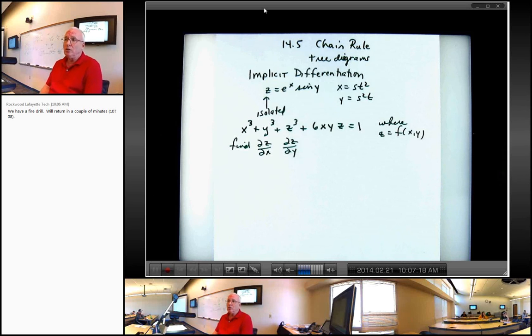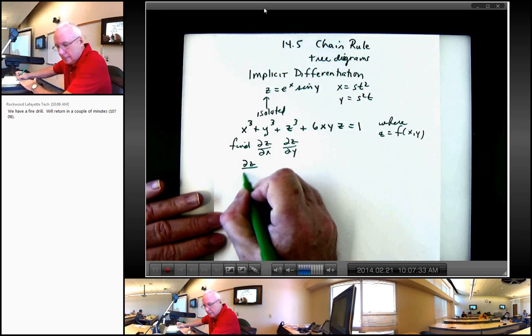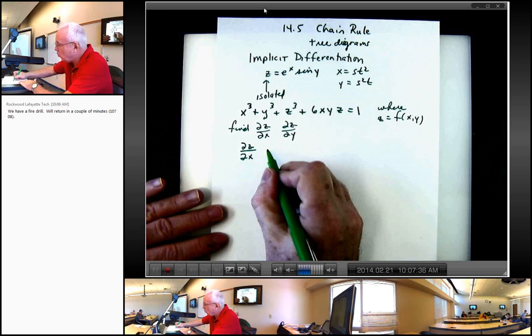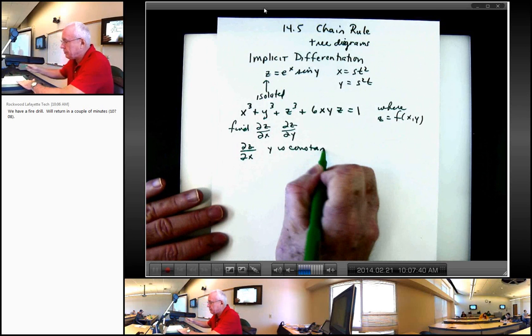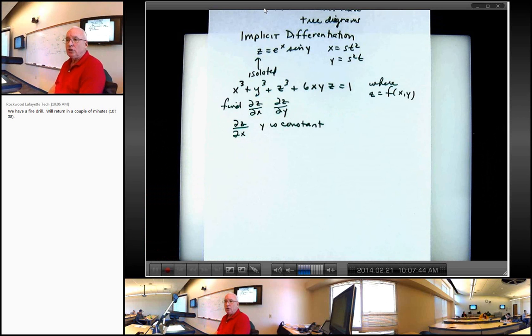You've done implicit differentiation before, you had some in the homework, and we go through the same process here without resorting to those formulas. So let's start with the partial of z with respect to x, and remind ourselves that y is going to be considered constant here when we do this process. So we basically just go term by term.